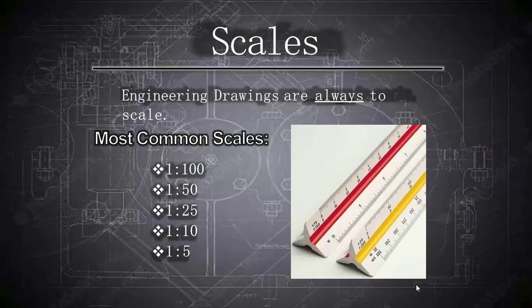If you are talking about the scales generally used for general engineering drawing, we can use the reducing scales 1 is to 100, 1 is to 50, 1 is to 25, 1 is to 10, and 1 is to 5.